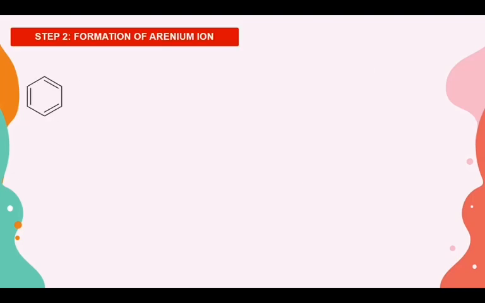Now we look at step 2. Benzene will attack the Lewis acid-base complex. So it will attack the carbon here. Look at the arrow. This arrow will attack the carbon of the Lewis acid-base complex.